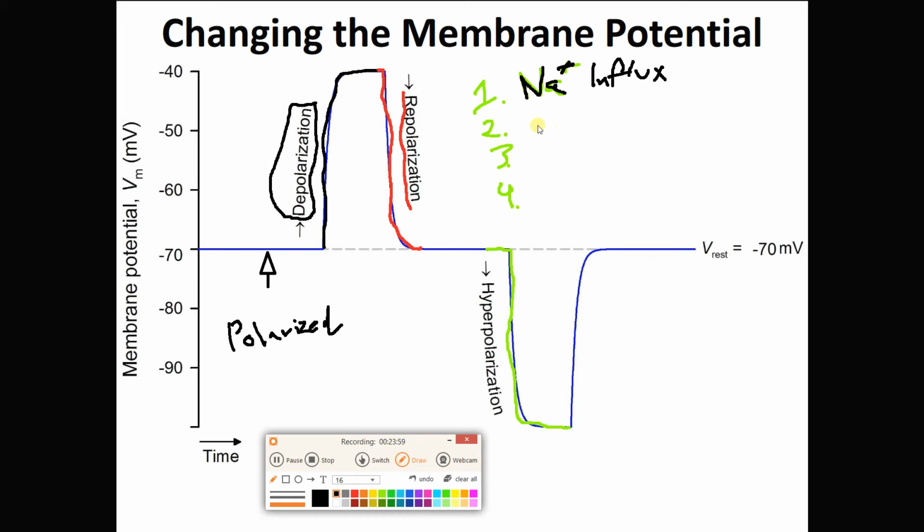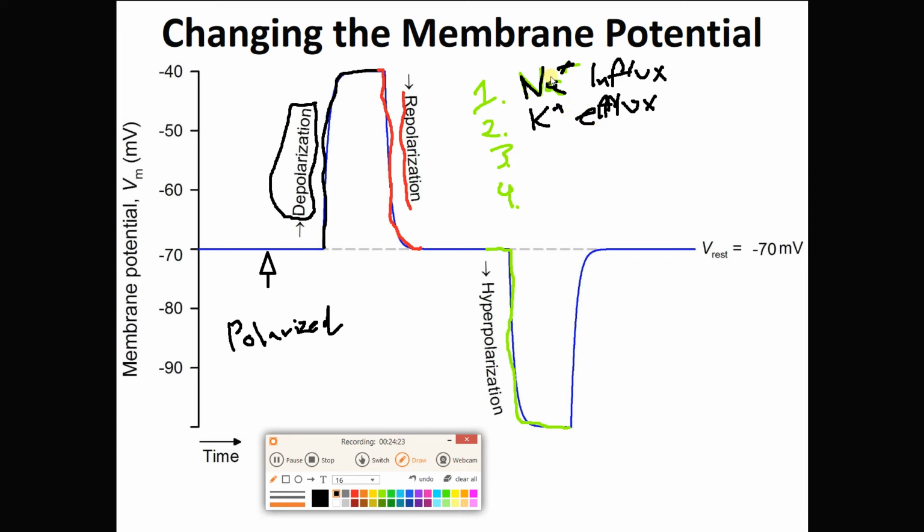Question number 2. What would happen to the membrane potential if there was an efflux? That's just a fancy way to say exit, flowing out. If there was an efflux of potassium, what would happen to the membrane potential if potassium left? So again, we're starting from rest. In each of these situations, we're starting from rest.